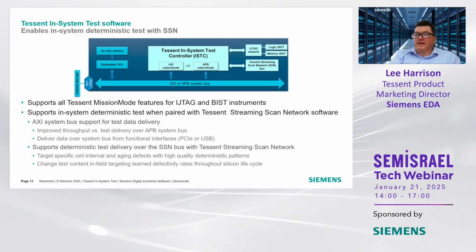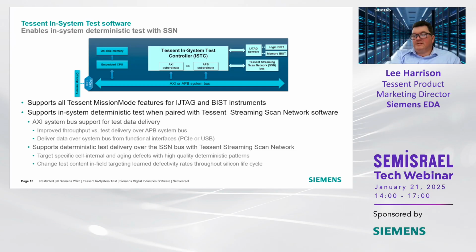And then using that SSN infrastructure, we can move to the Tessent In-System Test product that was released back in November. Tessent In-System Test is essentially a superset of MissionMode, and it supports all of the MissionMode content that I talked about in the previous slides, but with the addition of being able to deliver full deterministic in-system tests. So full ATPG coupled with the SSN network that I just talked about.